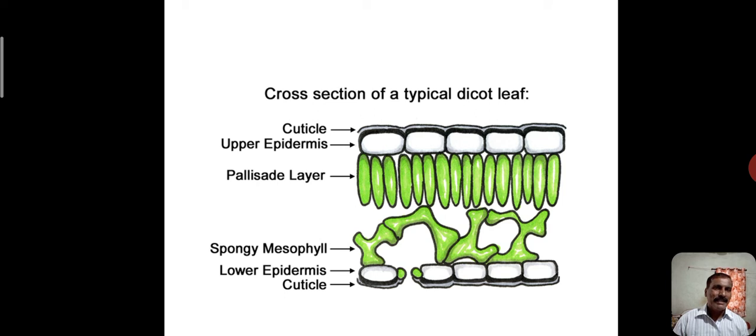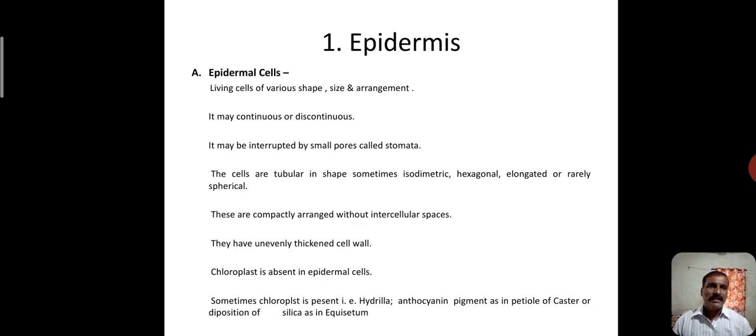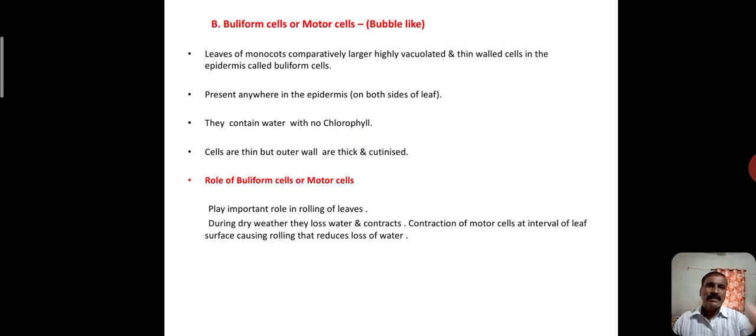The palisade and spongy cells have chloroplast, but in the upper epidermal and lower epidermal layers, there is complete absence of chloroplast.